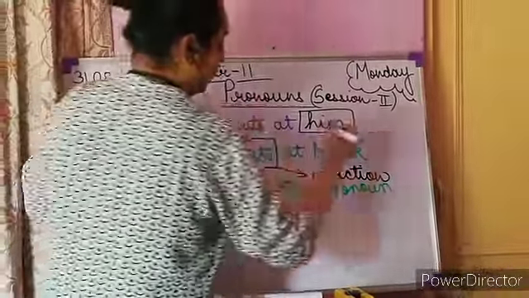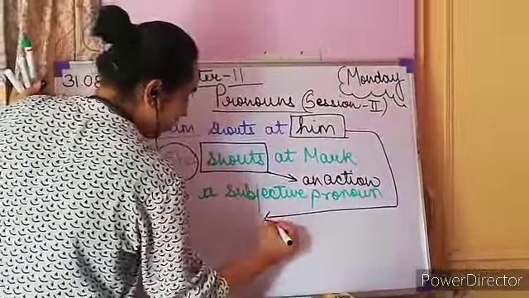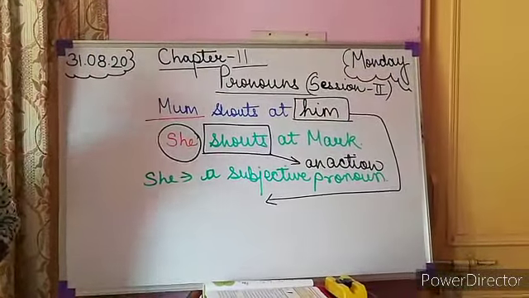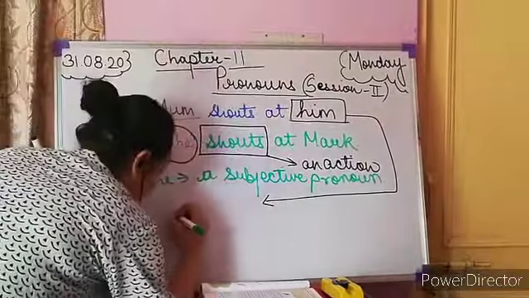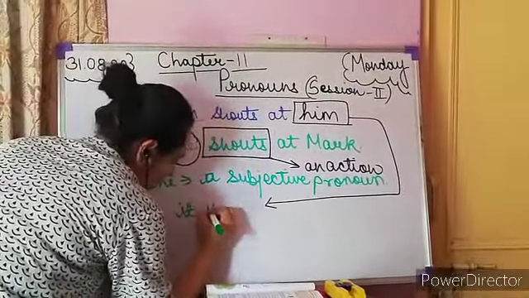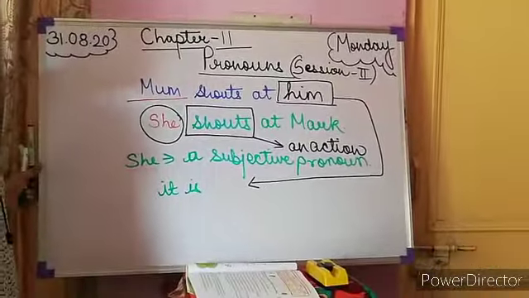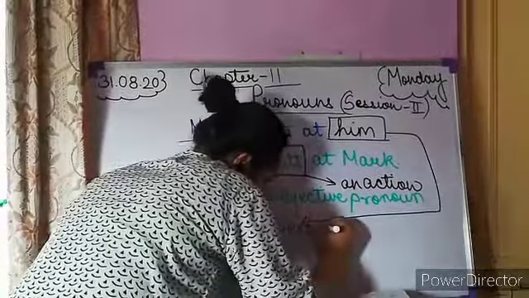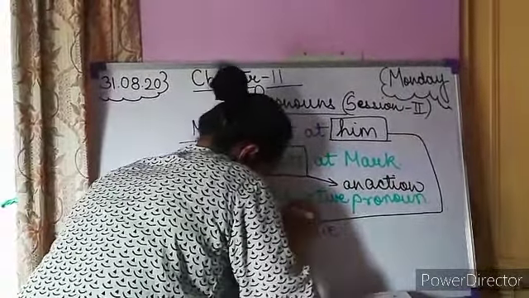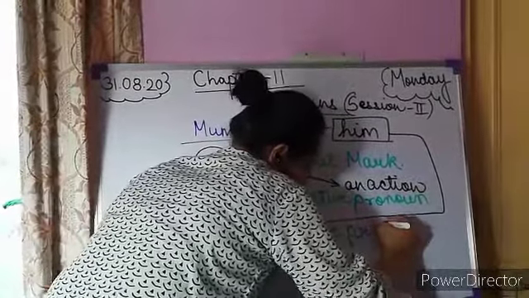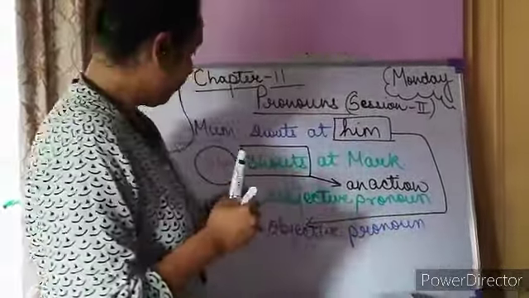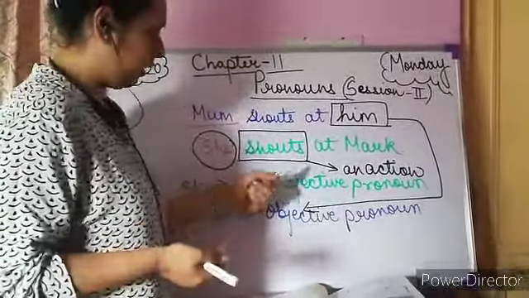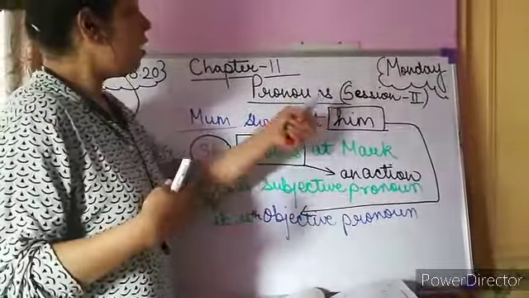Mom is shouting at him. So him, or you can say Mark, is receiving the action. So it is an objective pronoun.